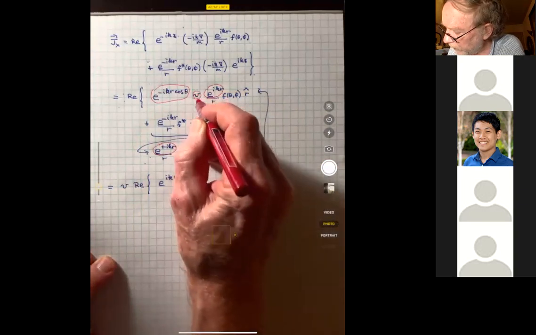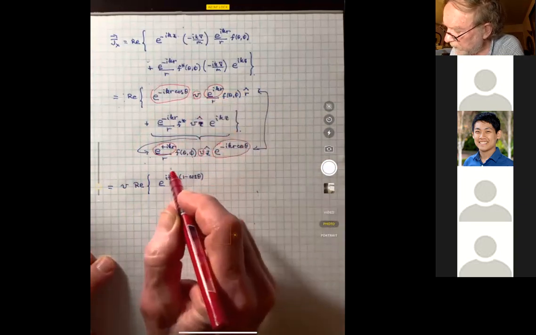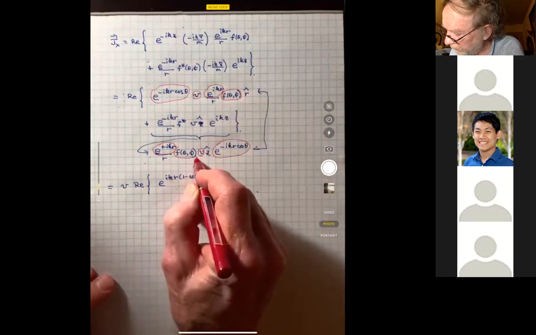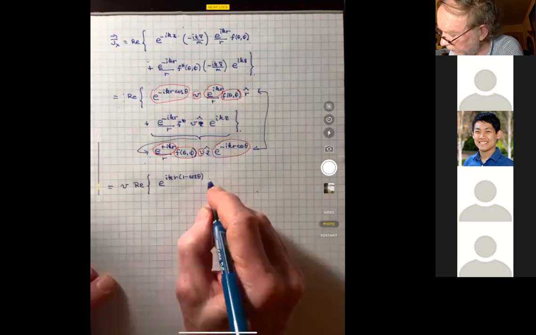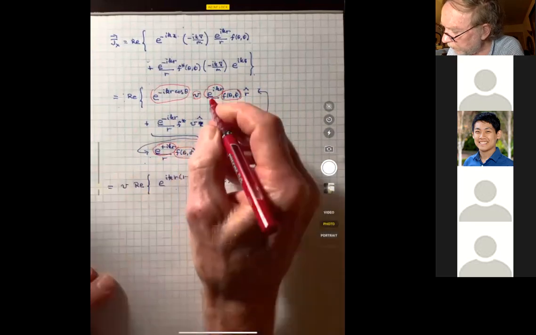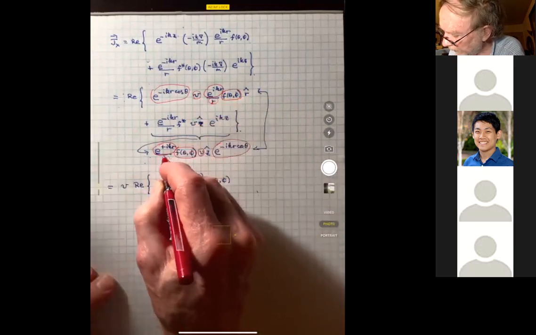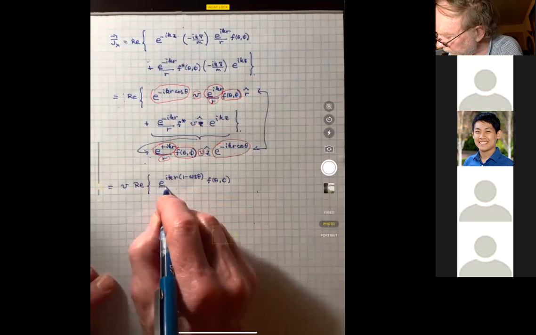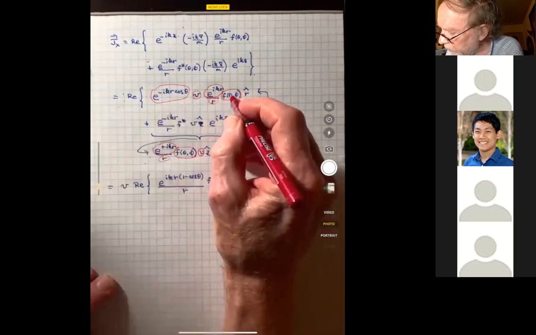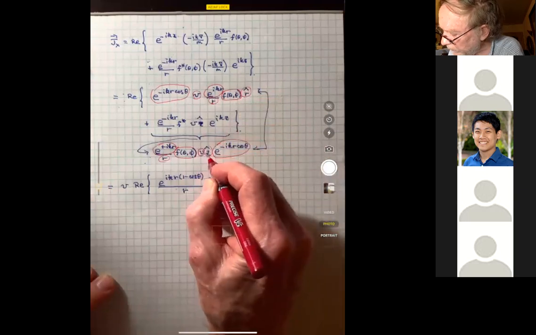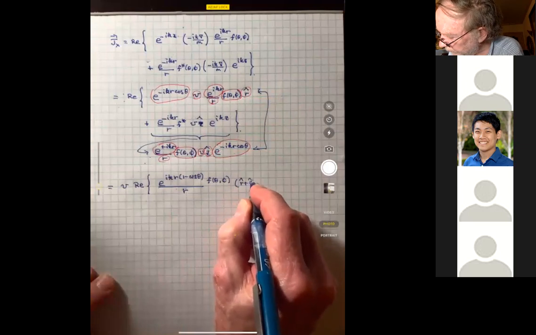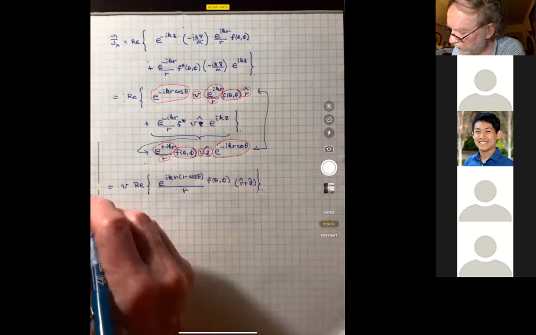The velocity we already took out, so I'll circle that as well. We have a common factor of f, so I'm going to circle that, f there and f there. Let's put that in, f of theta and phi. We have a common factor of 1 over r, so let's put that in. We divide this by r. And then what's left is the unit vectors. We've got r hat here and z hat there. Let's put this as r hat plus z hat. Okay, so this is jx.